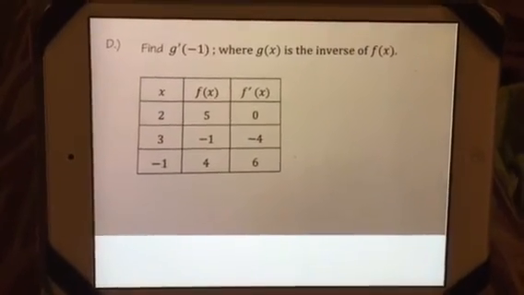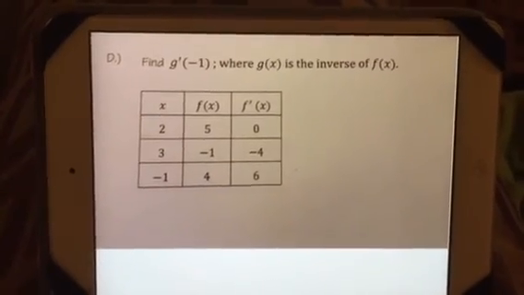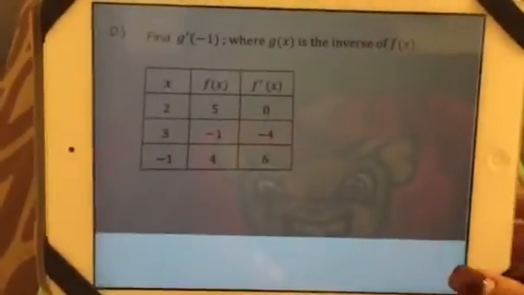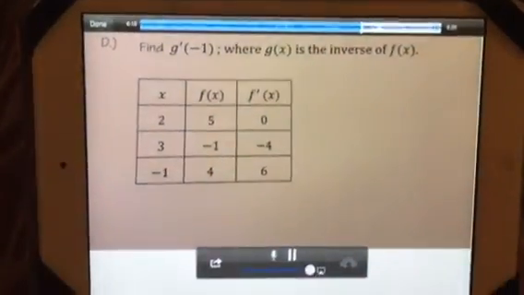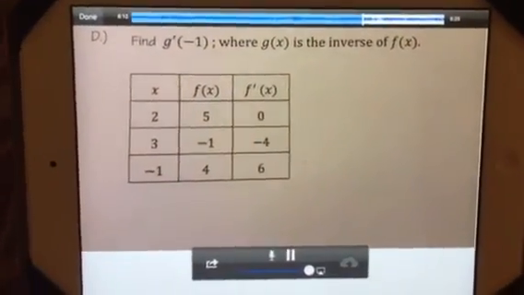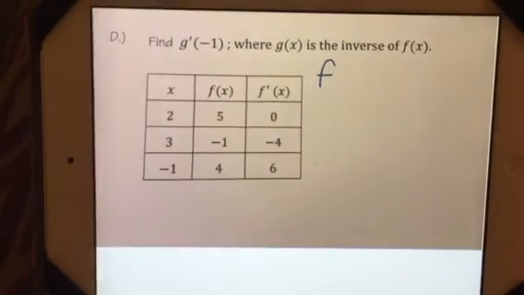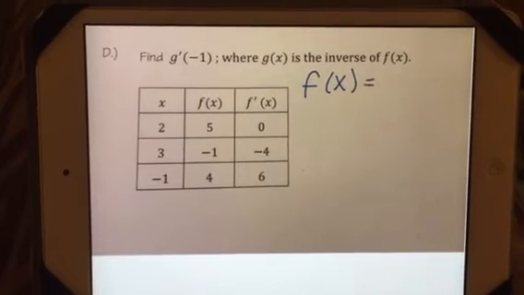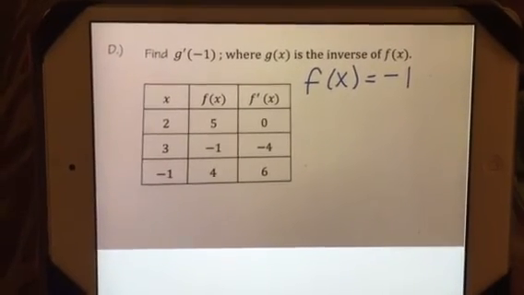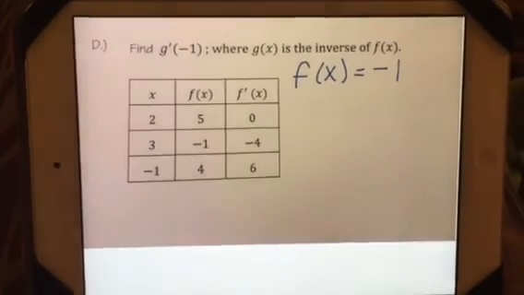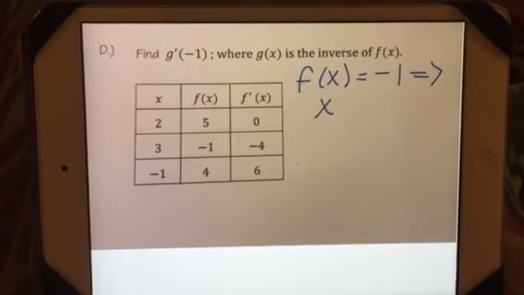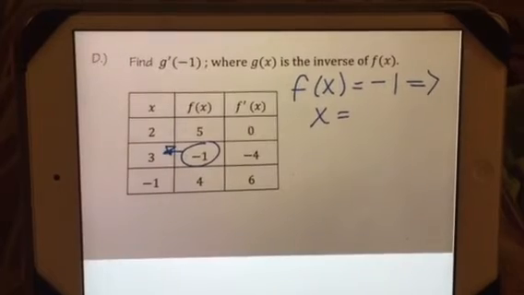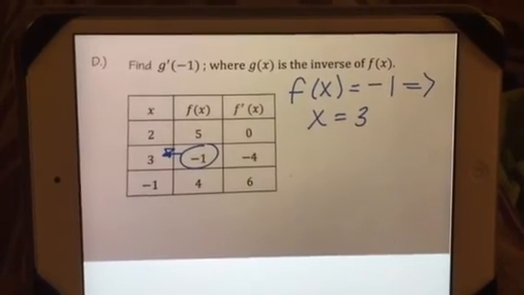This next example is kind of like what you'll see on the AP test. They want you to find g prime of -1, where g of x is the inverse of f of x. Well, remember that g prime of the y value is what you're given. So when f of x is equal to -1, x is 3.